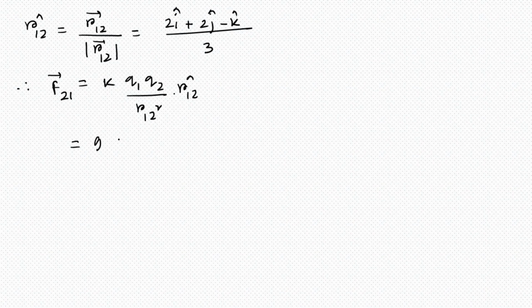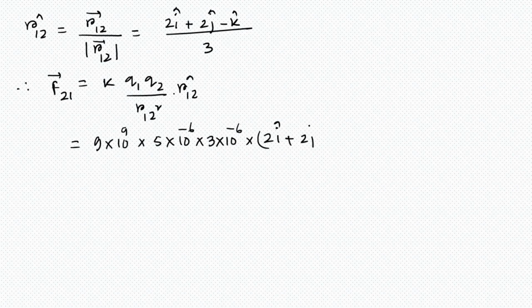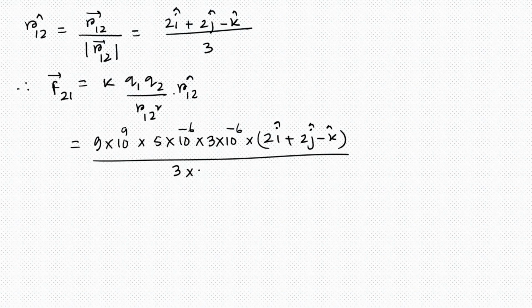So K is 9 into 10 to the power 9, q1 is 5 into 10 to the power minus 6, q2 is 3 into 10 to the power minus 6, r12 cap is 2i cap plus 2j cap minus k cap divided by 3, and r12 square is basically 3 square, which is 9.